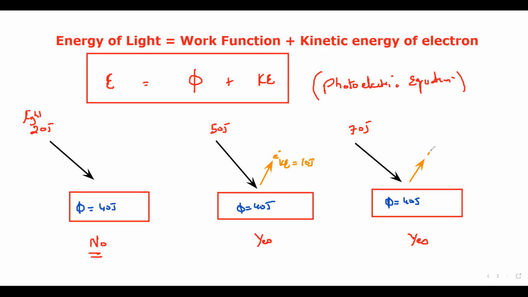Same thing, out of 70, it used 40 to come out at the surface, and the remaining 30 will be kinetic. So 30 joules of kinetic energy. What happens if we increase the energy of the incident light? It will increase the kinetic energy of the electrons as well.